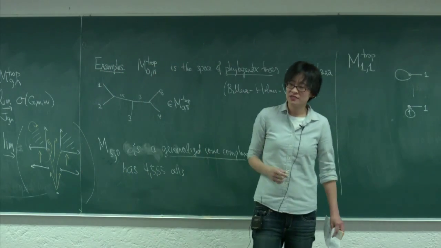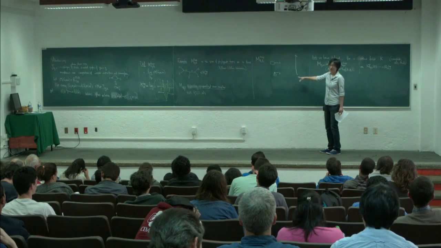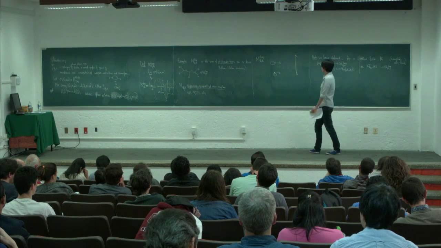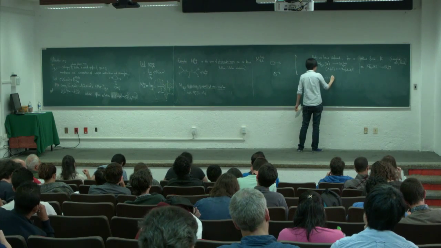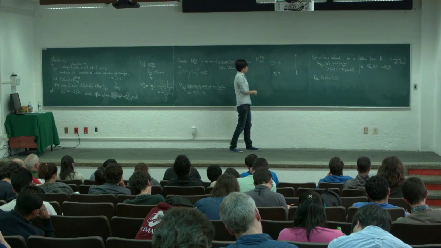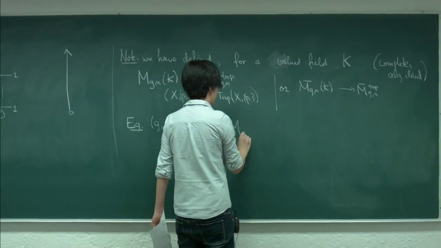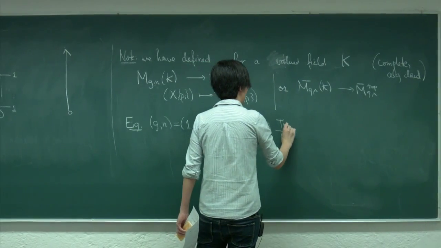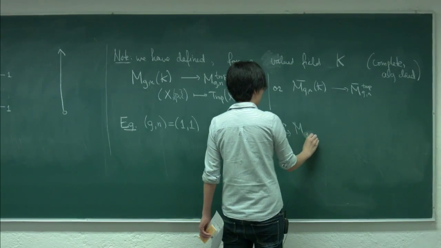Okay, and actually, maybe to help with your question, let me explain to you what this map is in the case of elliptic curves, without justification. So, for example, when g and n are both 1, we're in the case of elliptic curves. There's a very simple, beautiful description of this tropicalization map, M_{1,1}^K to M_{1,1}^trop, on the level of moduli spaces.